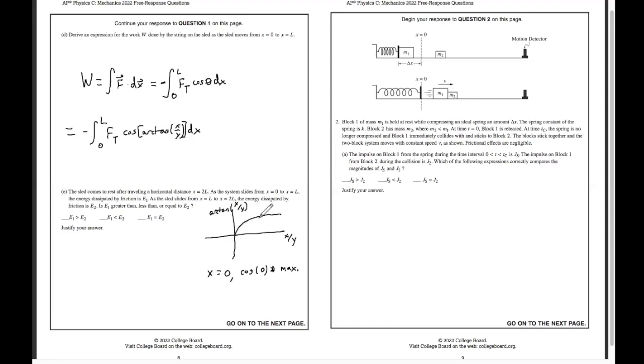So we have arctangent right here. If x goes to be very large, maybe 2L, for example, then as x gets much larger, arctangent is going to get closer to pi over 2. So as x gets larger, or x goes to 2L, cosine decreases.